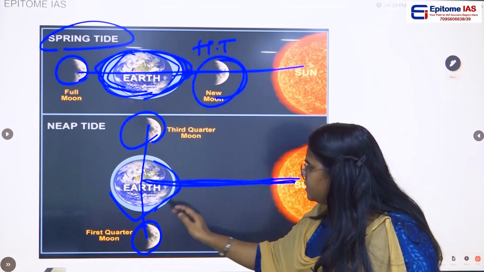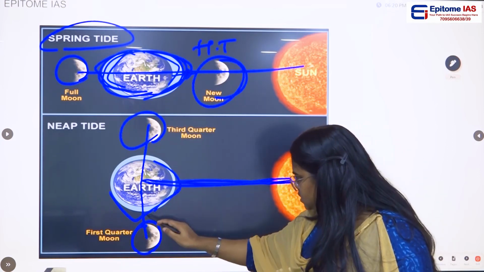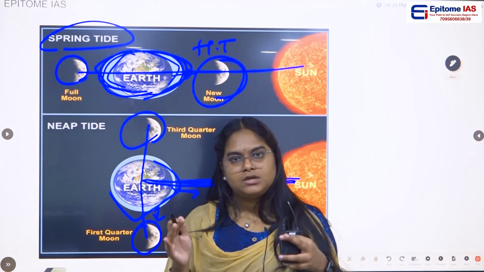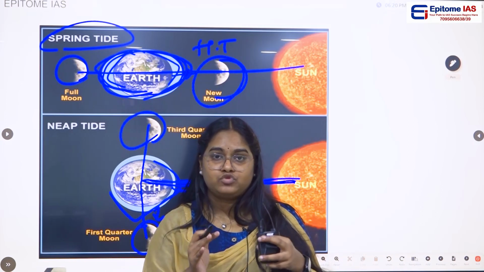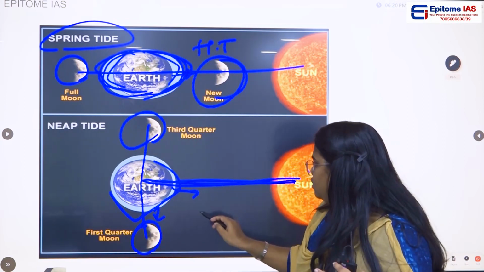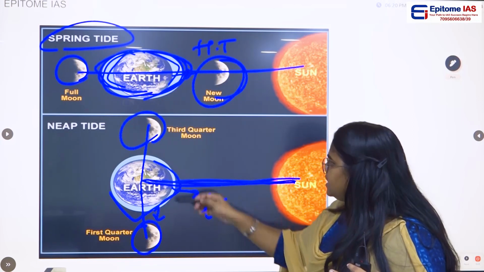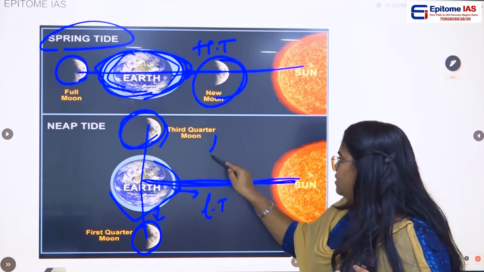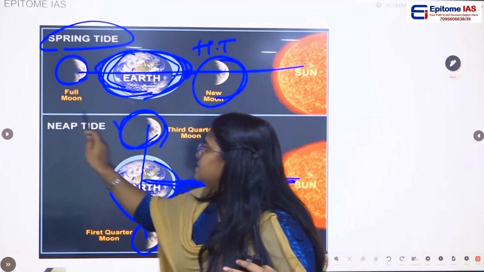Due to both of the gravitational pulls on this side and this side, it is somewhat compressing, right? So there is no cause of high tide and it will be a low tide here. The same is the case with this position also. So both these are low tides and these are called neap tides.